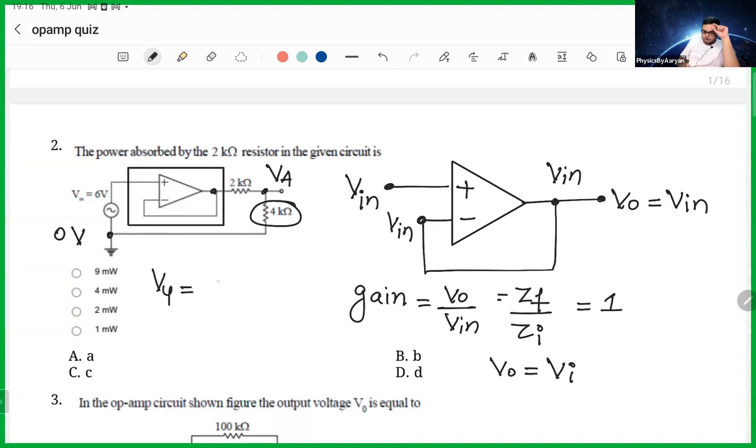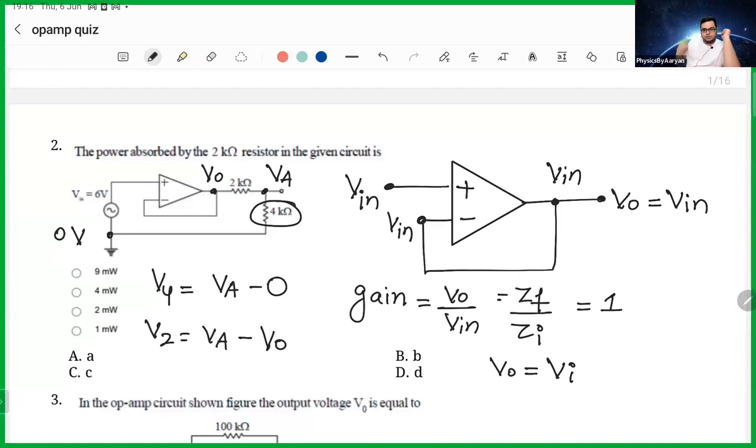So the voltage across 4k ohm is VA minus 0, because the voltage here is 0. On the other hand, the voltage across 2 kilo ohm is VA minus this thing. Let's say this is V output. So VA minus V output. But what is V output? V output is equal to V input. And the question is, what is the input?